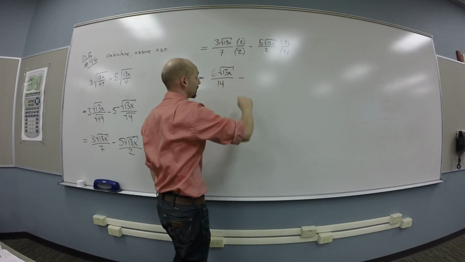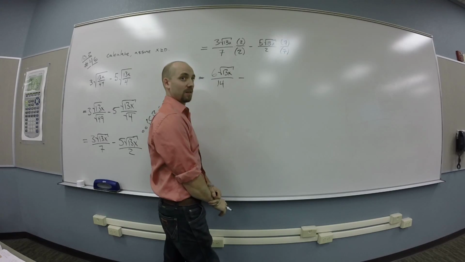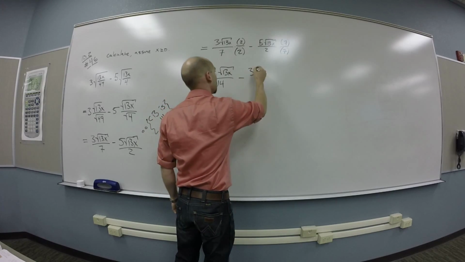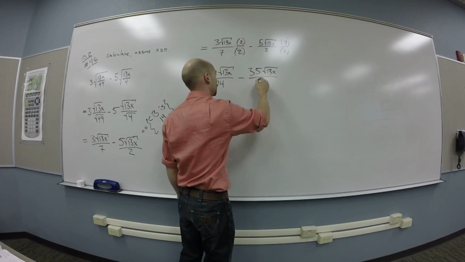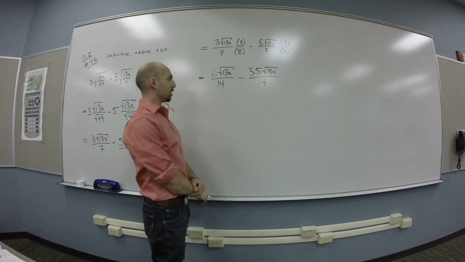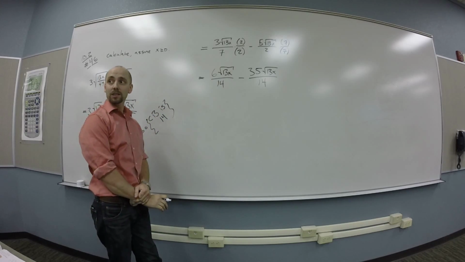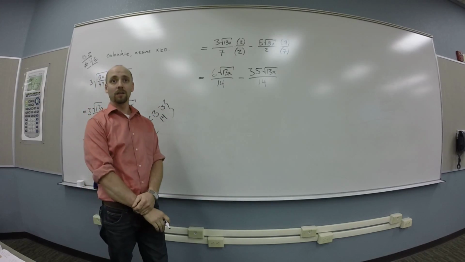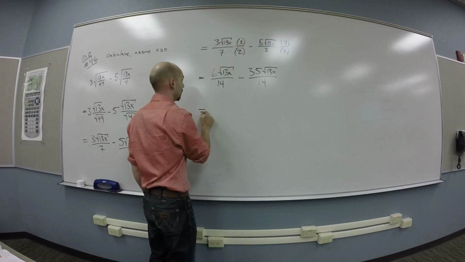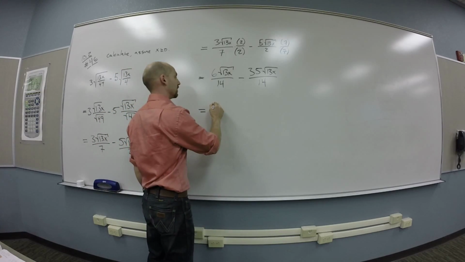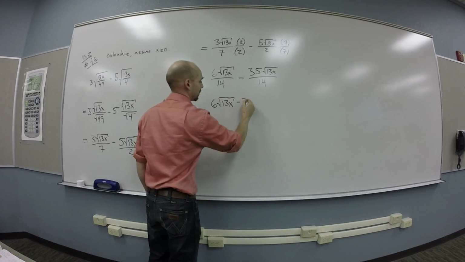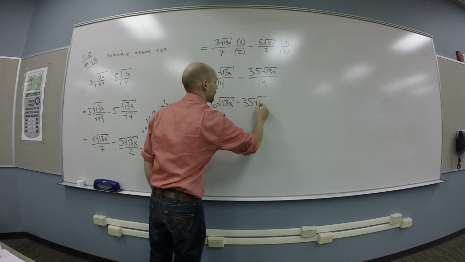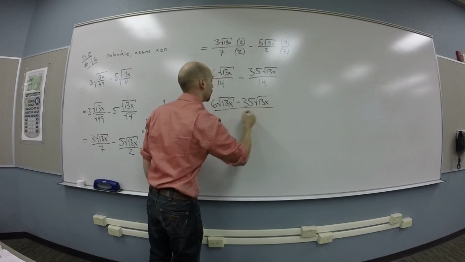And then here on this guy I've got 35 root 13x over 14. Okay, so now I can say, all right, these are all over the common bottom, right? So this is 6 root 13x minus 35 root 13x all over 14.